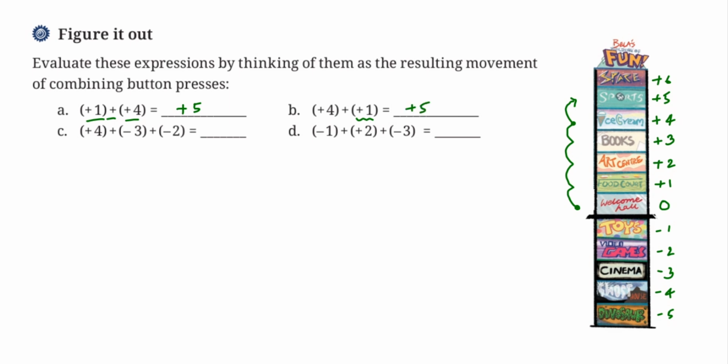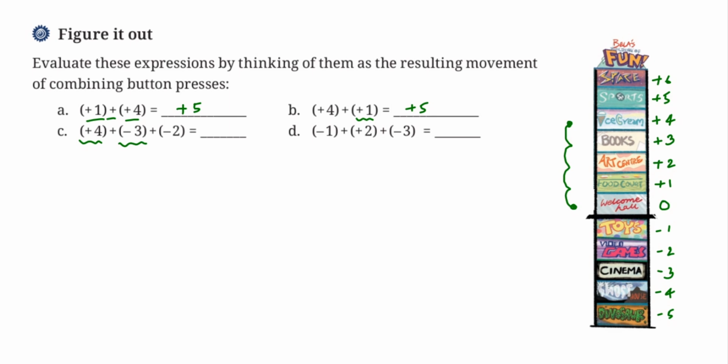Now we have 3 numbers here. So 3 times you're pressing the button. Let me erase this and we'll do it again. This is your starting point, welcome hall, and you press +4. This means you are going 4 floors up. Now you are at ice cream, that is the 4th floor. And then you pressed -3. -3 means you're going down 3 floors.